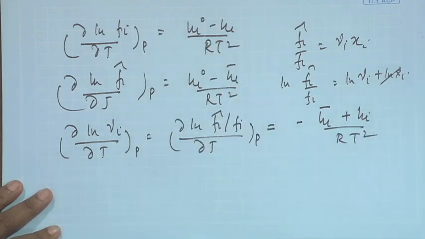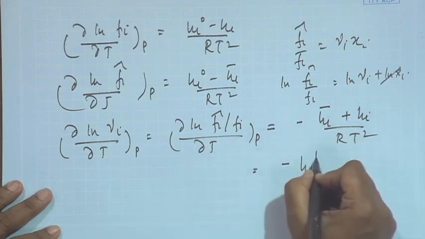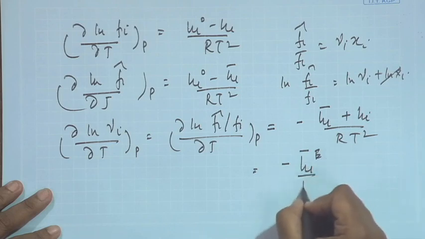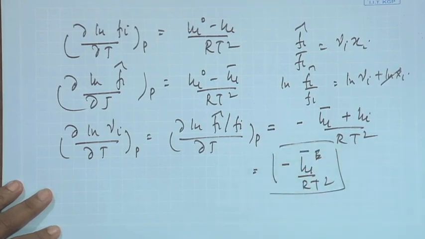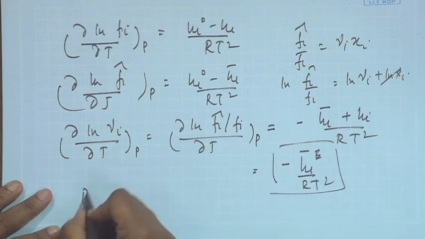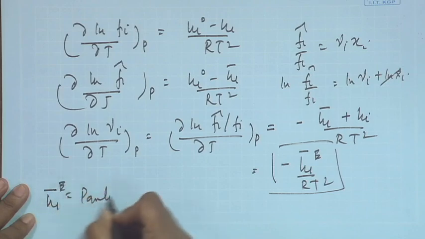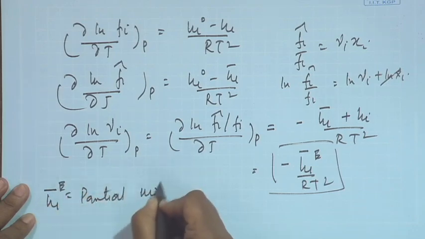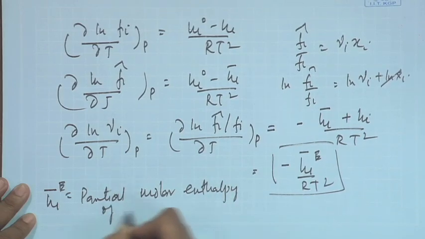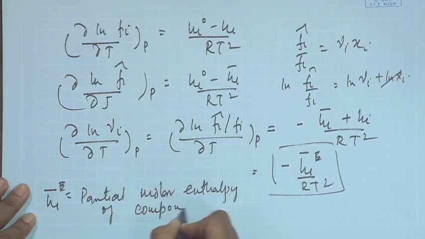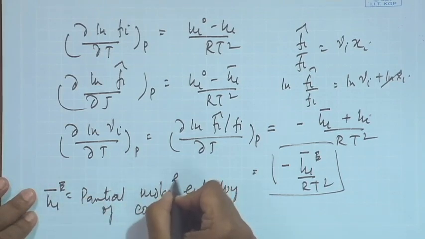Hi0 is the same for both the equations. What is this equal to? Isn't it equal to minus Hi bar excess by RT²? This is nothing but the partial molar, I will write it down, Hi bar E.